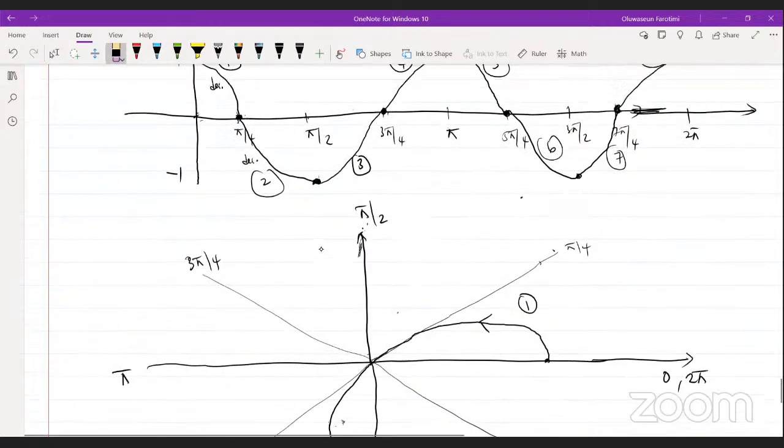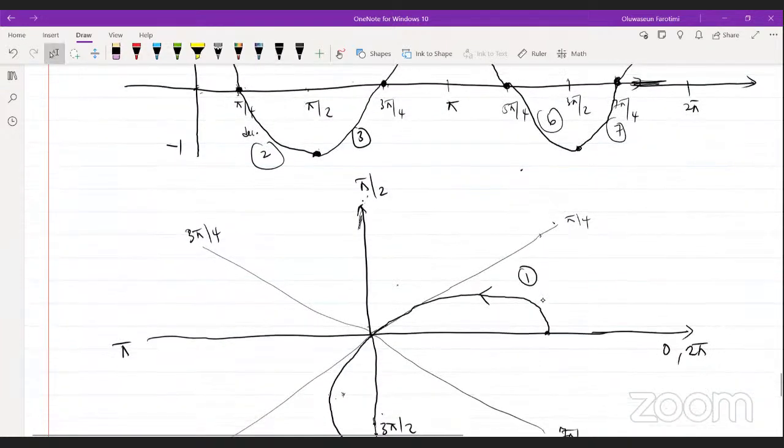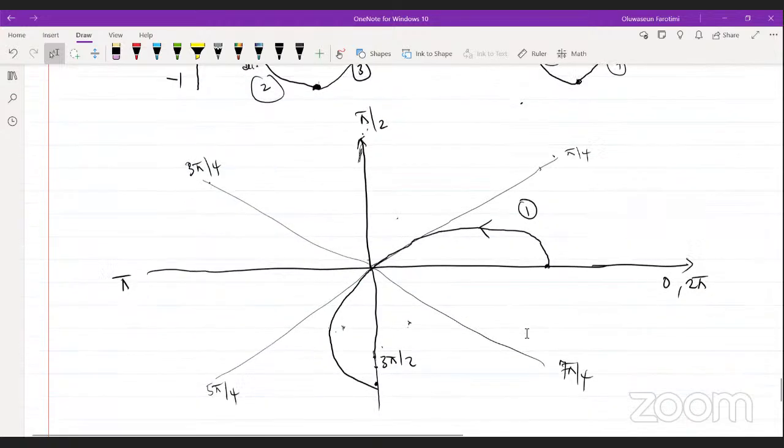Now let's go to number 3. What happens between pi over 2 and 3 pi over 4? It's increasing, however, R is negative. Okay, so this is pi over 2 to 3 pi over 4, right? But because it's negative, it flips to the opposite side, and this is the opposite side. So that means you have something like this.